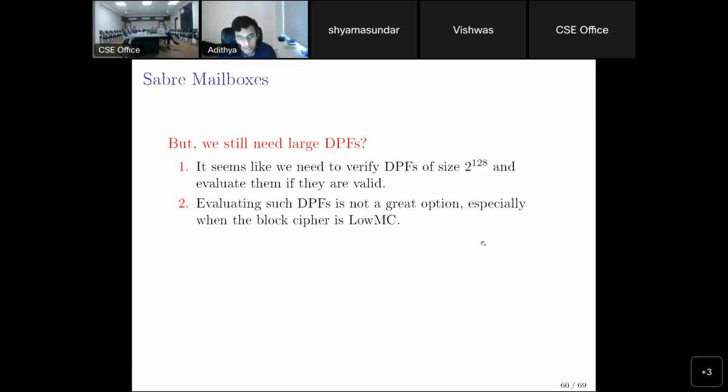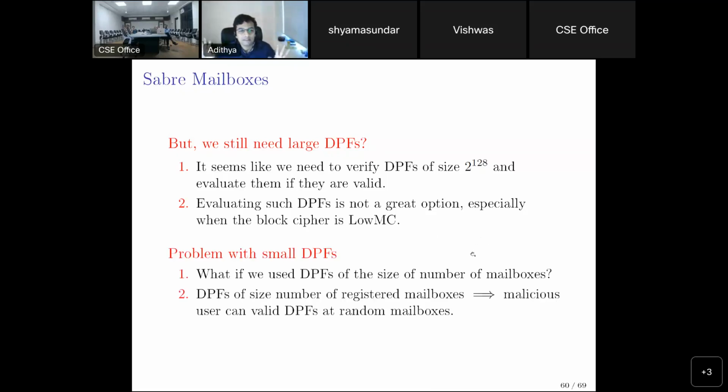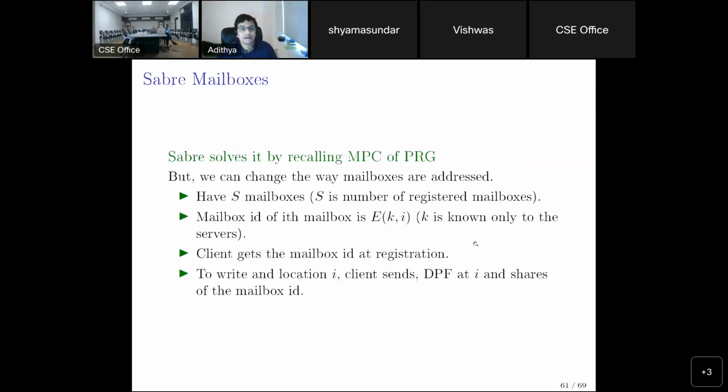And the main technique we used again is the fact that the PRG evaluation using LowMC is very much MPC friendly. And the way we worked this out is that if we have, say, S mailboxes, every mailbox ID is simply the LowMC encryption of the index under a secret key.